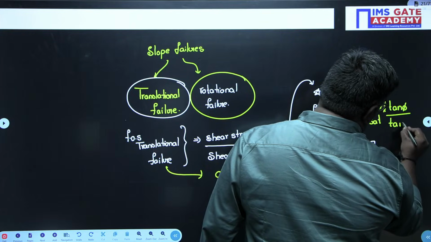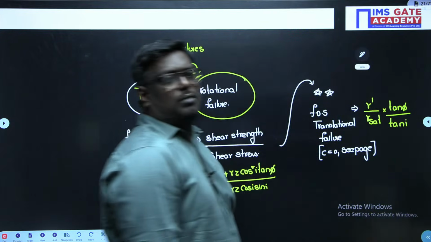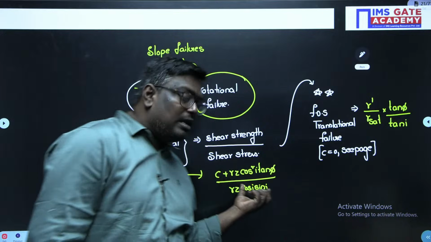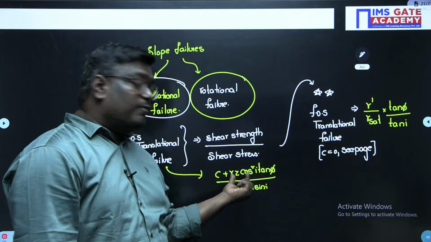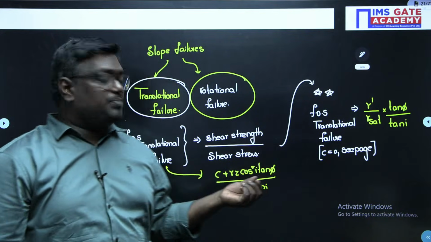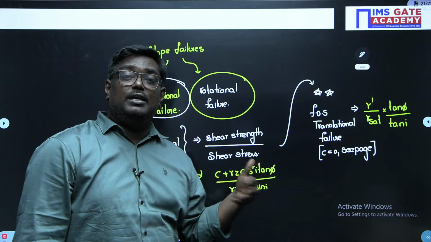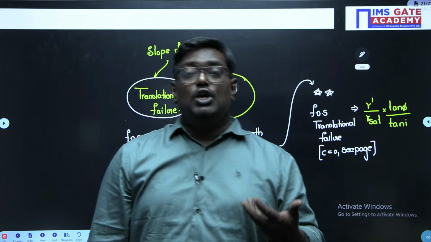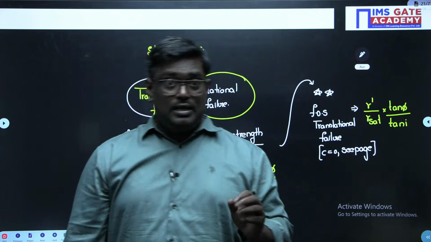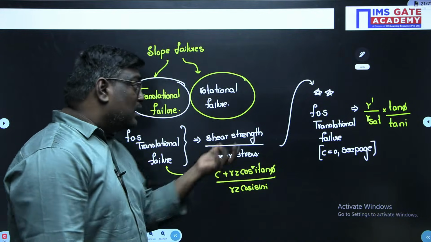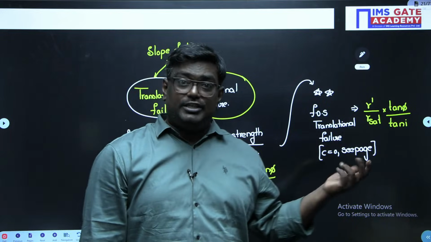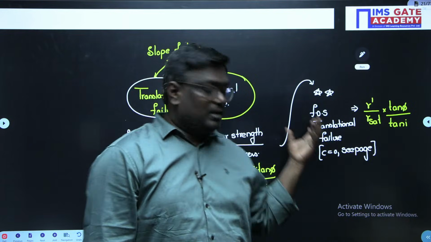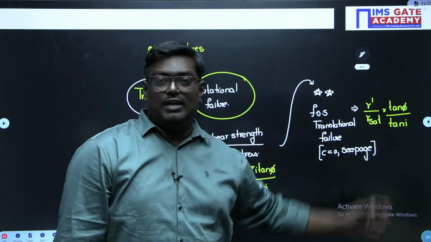It came from here because when the water table or seepage is present, effective stress is calculated using gamma dash. Similarly, for total shear stress we take gamma sat. If you substitute this, you will get this final equation.